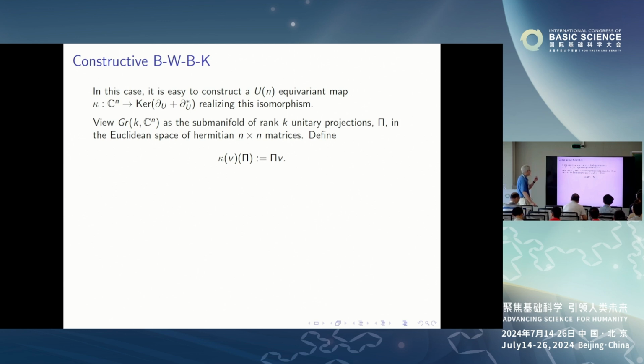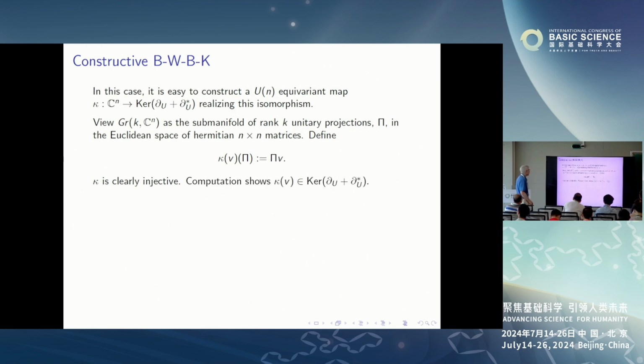I'm denoting the points on the manifold by pi, the projections. So I have to tell you how kappa, when it eats a vector v in C^n, evaluates at the point pi, and it's just pi of v. Pi was a projection, so I'm just taking v and projecting it onto the image of pi. And that's obviously an injective map from C^n to some set of sections.